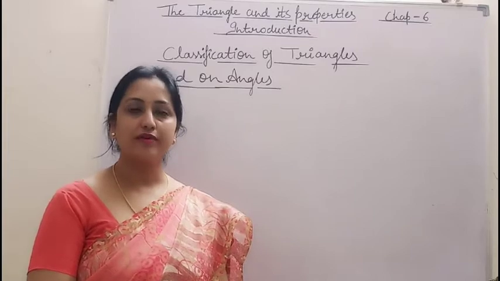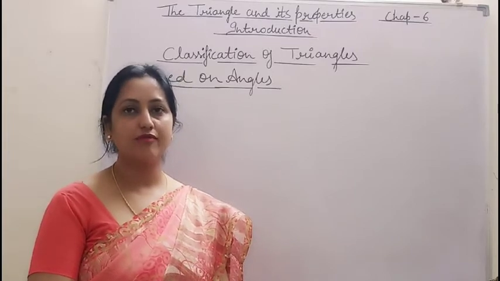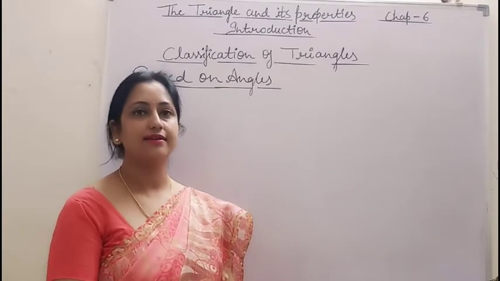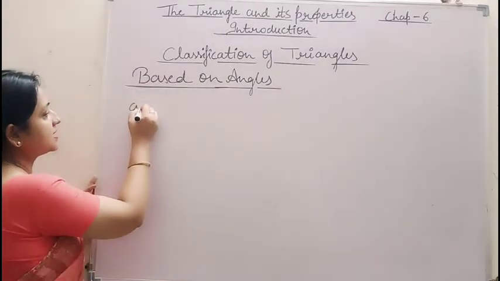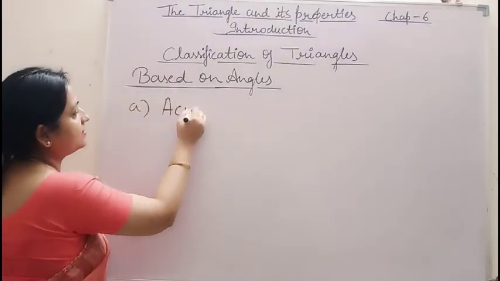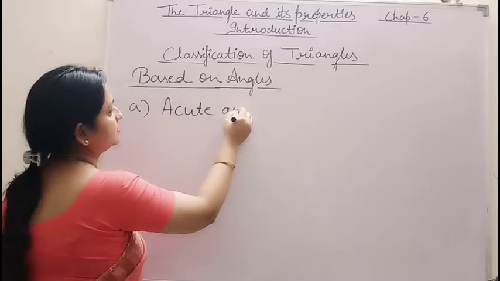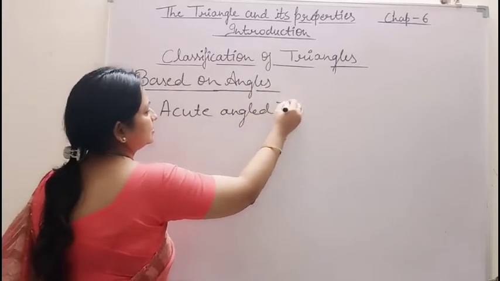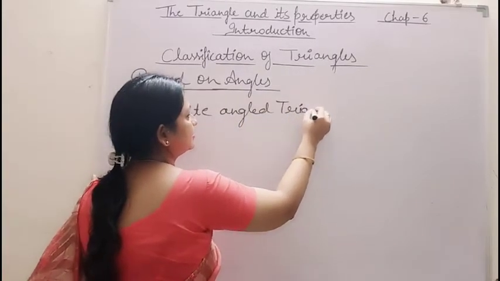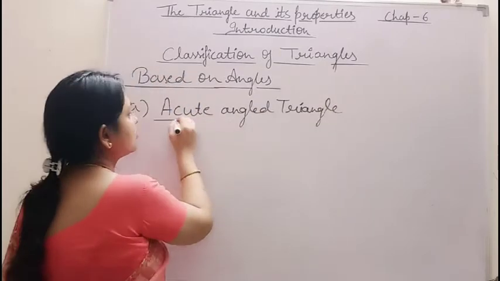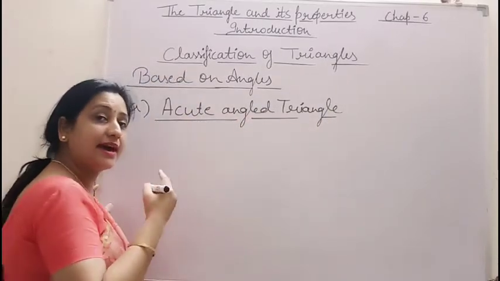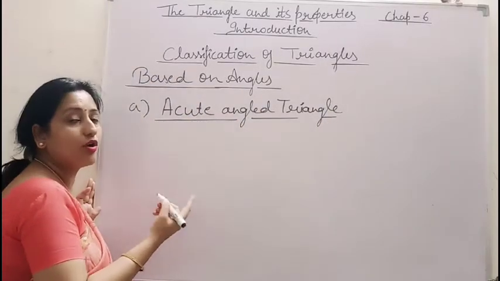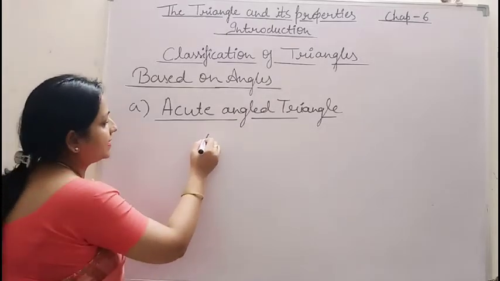Now let's move forward and talk about the classification of triangles on the basis of their angles. The first one is the acute angle triangle. In this triangle, all angles are less than 90 degrees, or we can say all angles are acute angles.